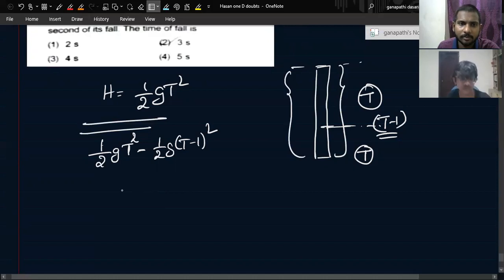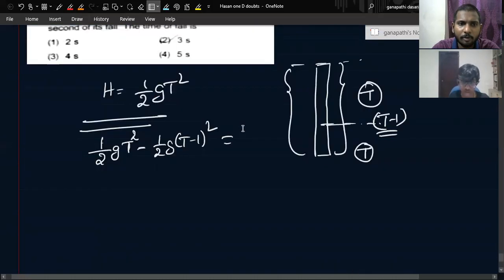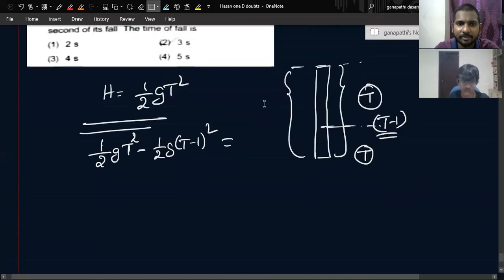That is the last second travel. That is equal to 5 by 9 of h. Last second travel.